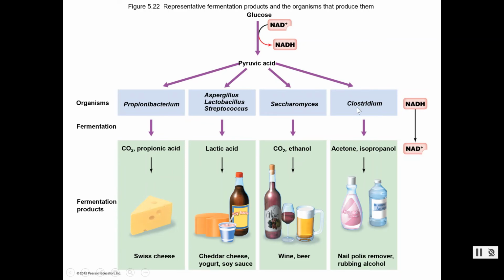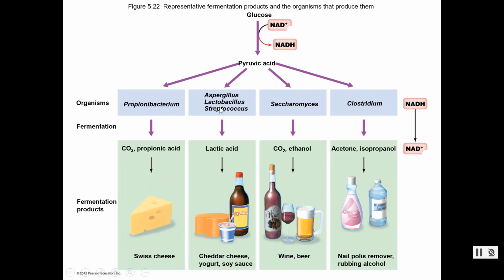There are other ones, Clostridium bacteria undergo fermentation. They have different enzymes. They end up producing end products that produce acetone and isopropanol. This is like our rubbing alcohols, nail polish remover. Acetone is what's in nail polish remover. So different bacteria can produce this, and then we can use it, products that we can use.